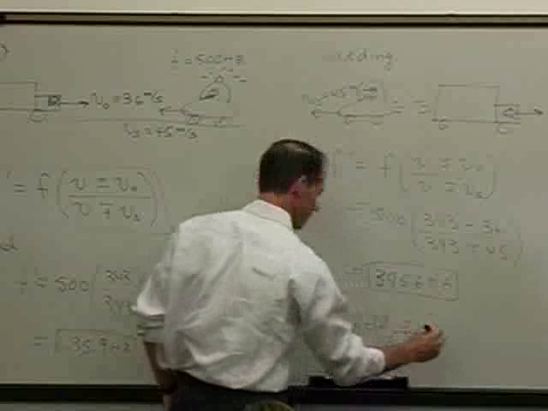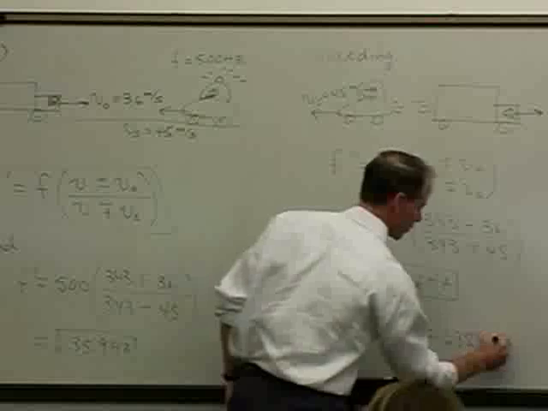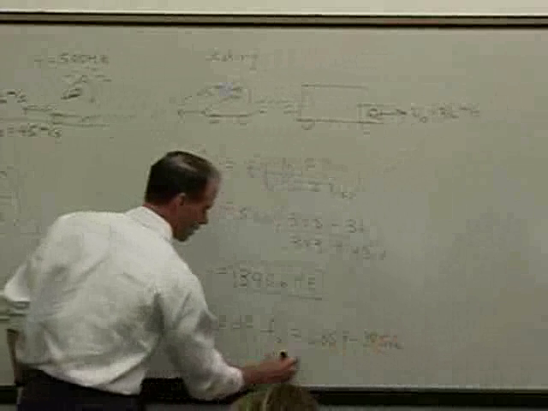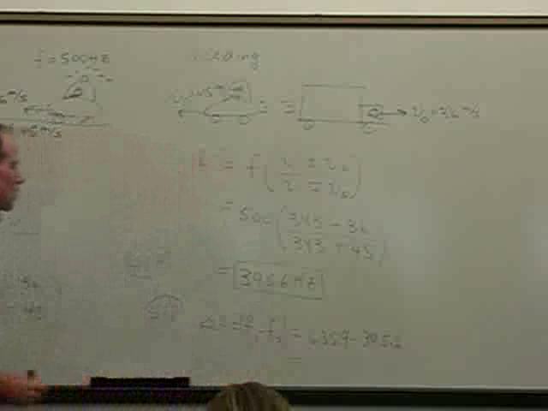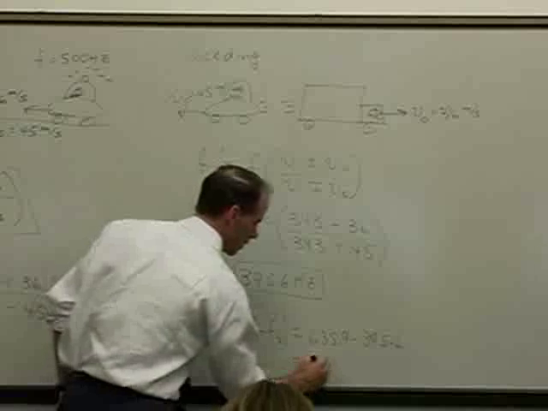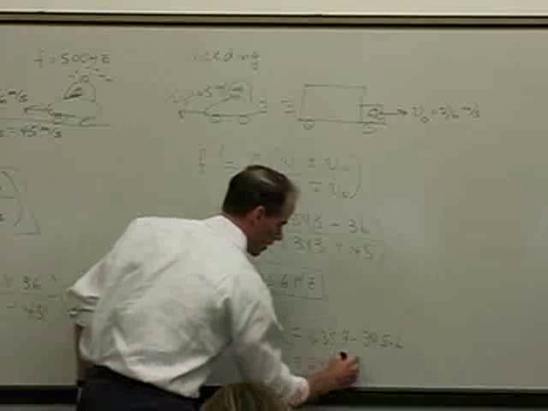So that would be 635.9 minus 395.6. So there's 241.3, right?